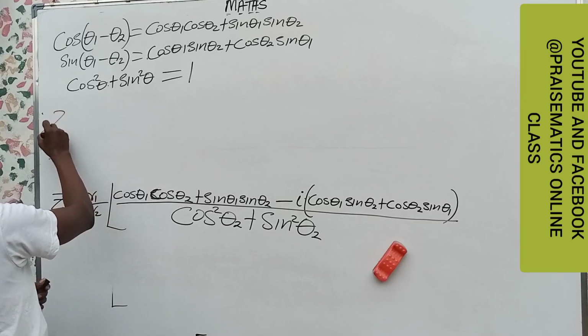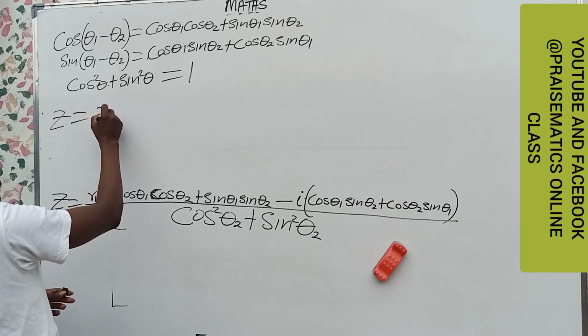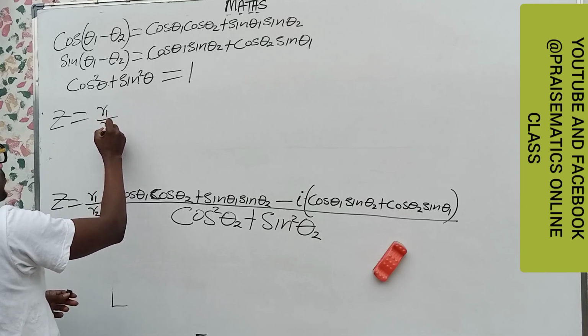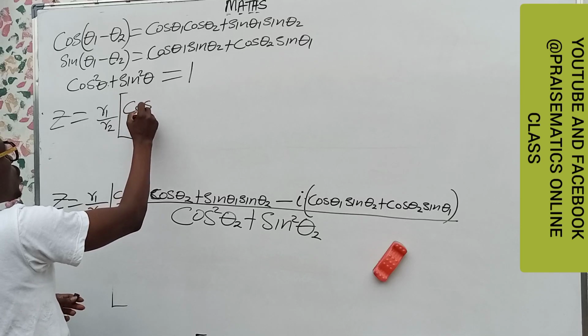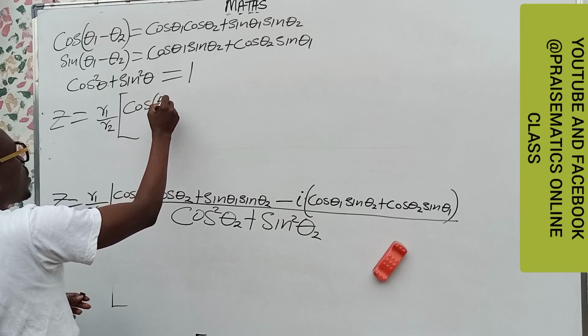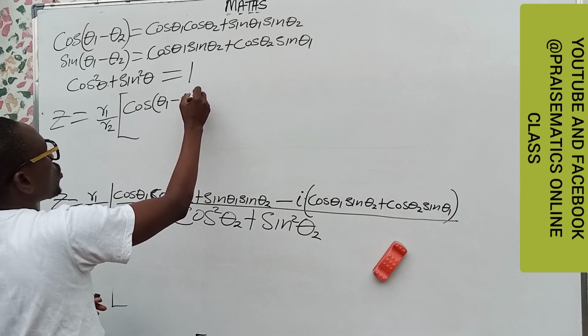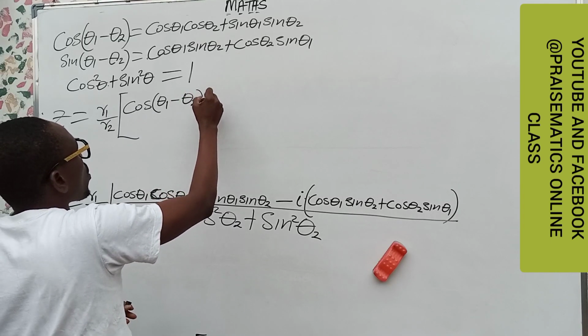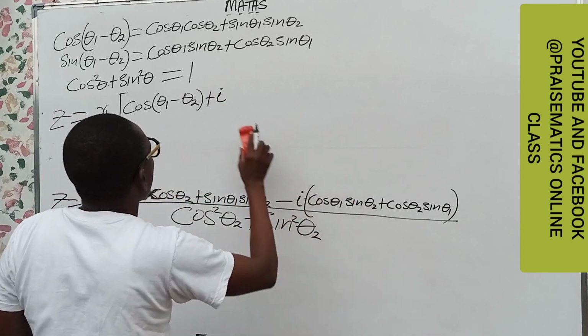Finally, we have that z is equal to r1 over r2 into bracket cos of theta 1 minus theta 2, close it, plus, this is i. Is it plus or minus?